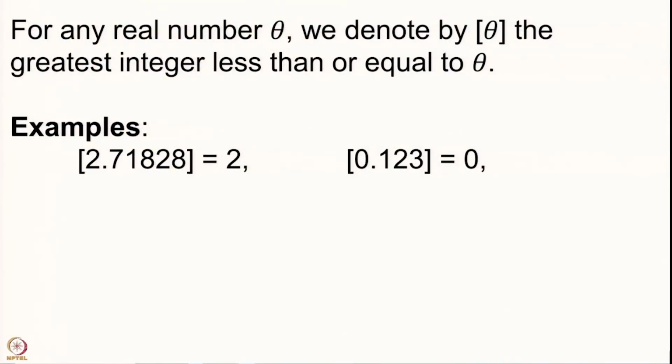So, the greatest integer less than or equal to this quantity is 2. If you have your number to be 0.123, obviously it is clear that the floor function now gives you the value 0.